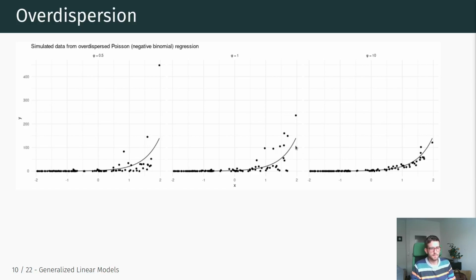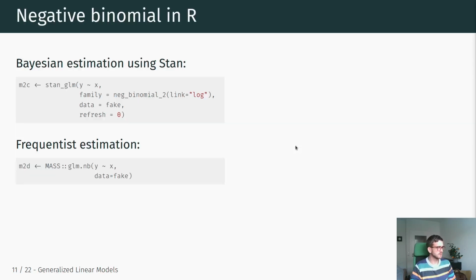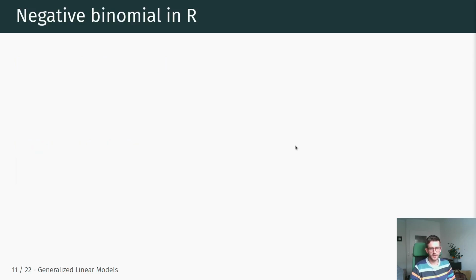To the extent that this occurs in our data, we have to take that into account, and we cannot rely on the Poisson distribution, because the Poisson distribution makes the assumption that the variance is equal to the expectation. One way of relaxing this assumption is, rather than using the Poisson distribution, to rely on the negative binomial distribution.